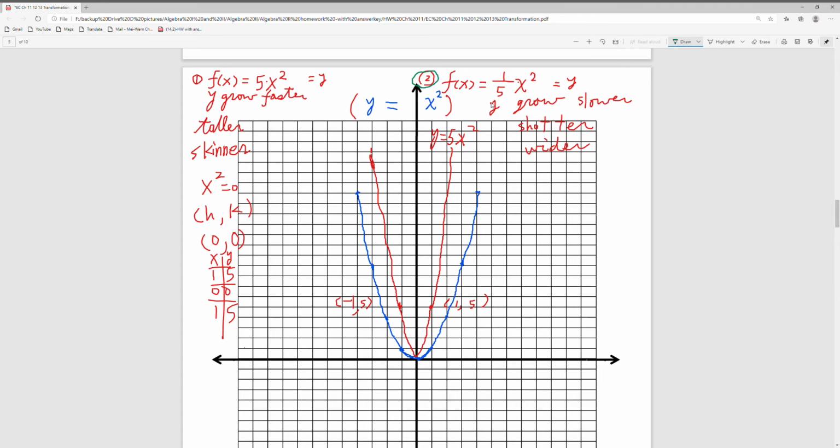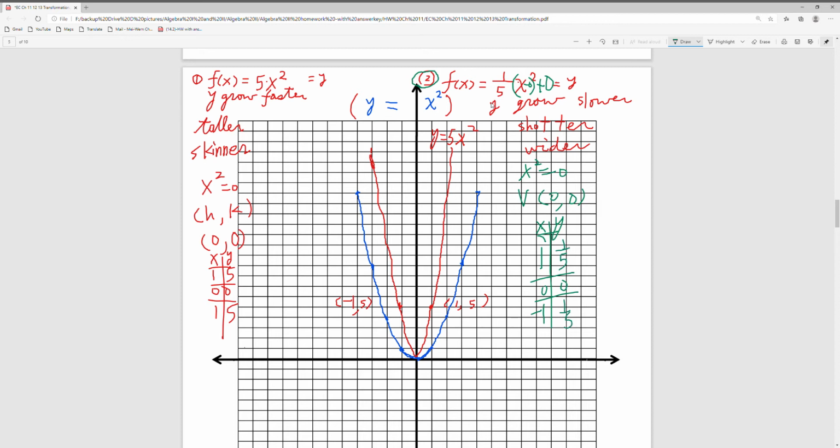Okay. Same thing when x squared equals 0, or you can say that's x minus 0, right? And then the whole thing plus 0. So vertex is still 0, 0. But 2 more points. You plus 1, minus 1, you have 1/5, 1/5.